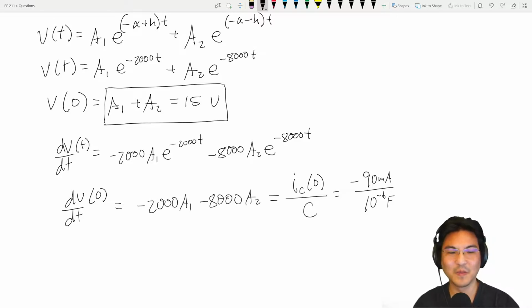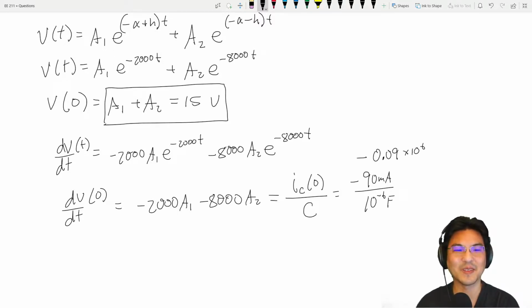Okay, so there we go. Let's see. 90 milliamps is minus 0.09 divided by 10 to the minus 6 is times 10 to the 6. So that is 90,000. I'll just write 90,000. Okay. There you go.